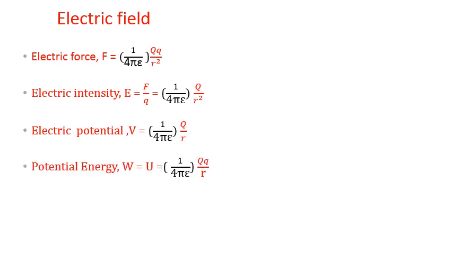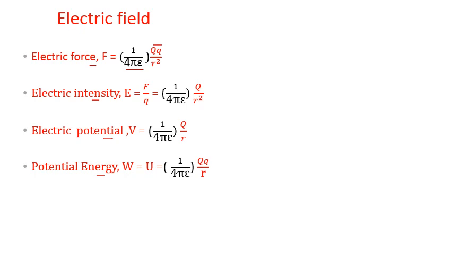Now while remembering formulas, in this sequence you will remember force, intensity, potential and potential energy. In all these four cases 1 upon 4 pi epsilon is common. So in force, QQ upon R square.